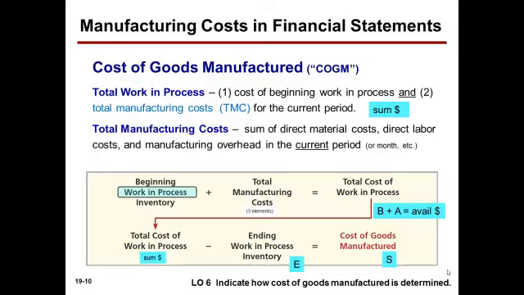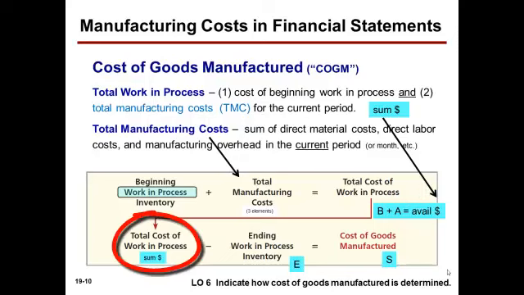First, total manufacturing costs are the sum of direct material costs, direct labor costs, and manufacturing overhead in the current period. This could be a month, a quarter, or a year. When we add the total manufacturing cost to our beginning work in process inventory, when we sum them, we have a total cost of work in process dollars, total dollars available, B plus A in the base formula.